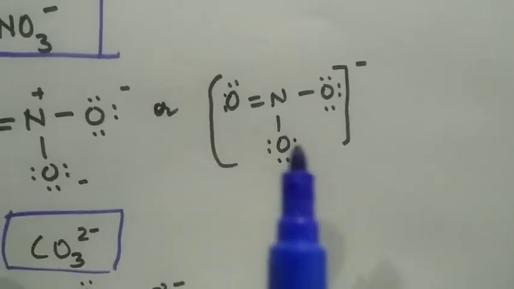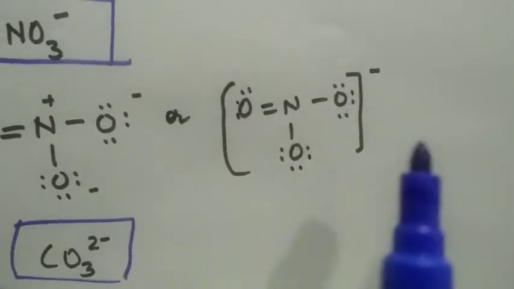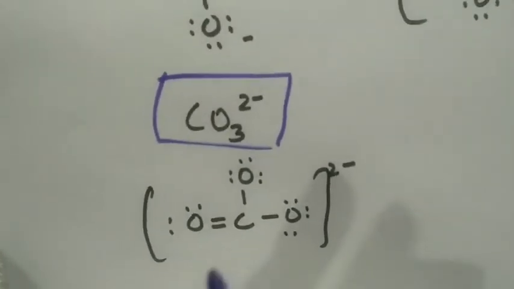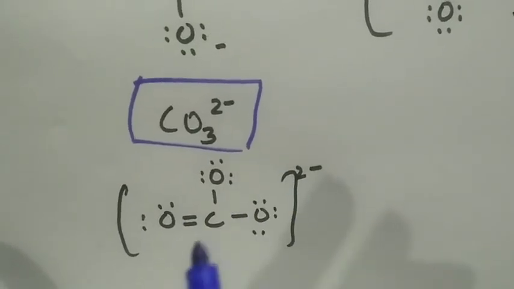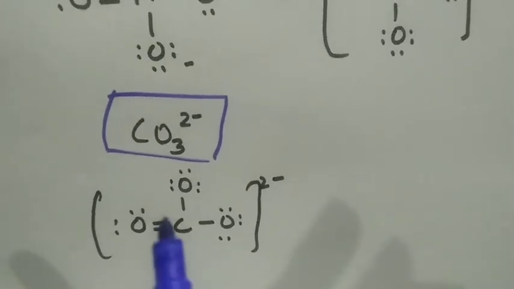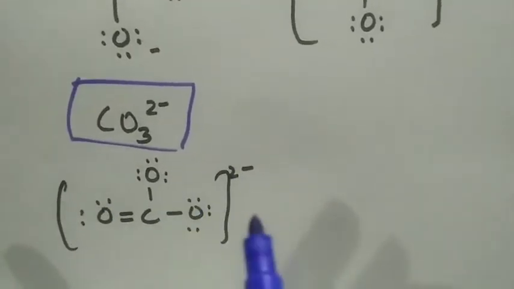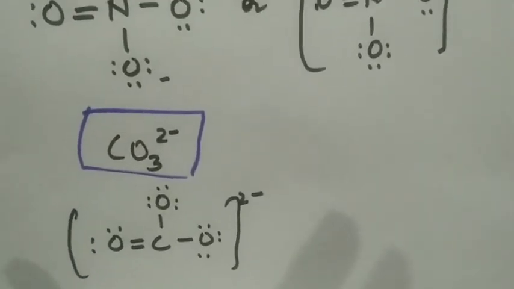The oxygen showing a single bond has 6 electrons as lone pair, and the octet of each of the atoms is complete. Then carbonate ion, CO3 2 negative. So placing 3 oxygens, you have to place a double bond in one of the oxygens and then complete the octet. As a result, this is the structure that results.